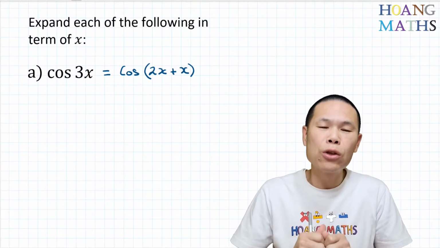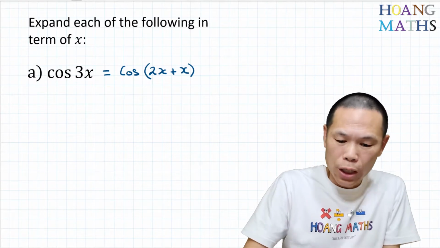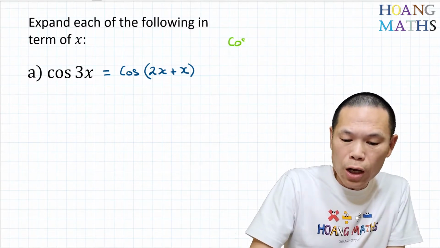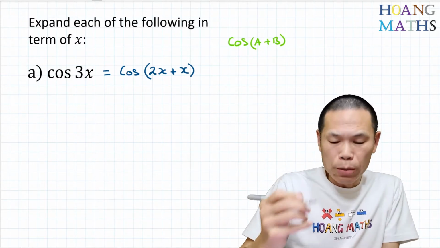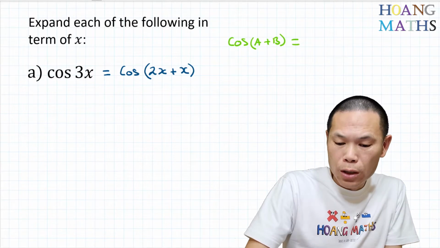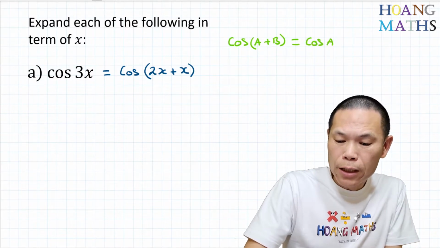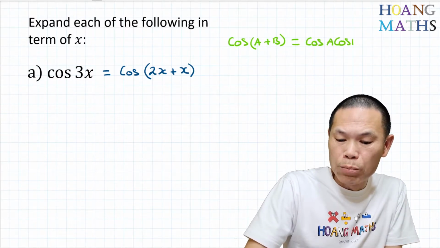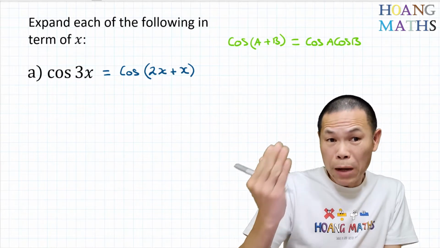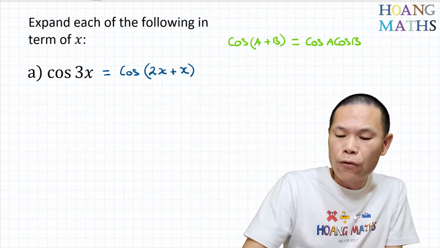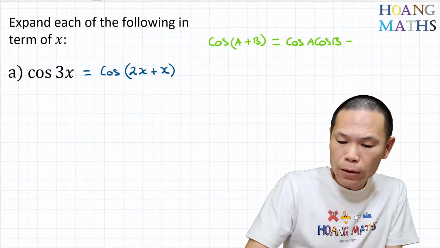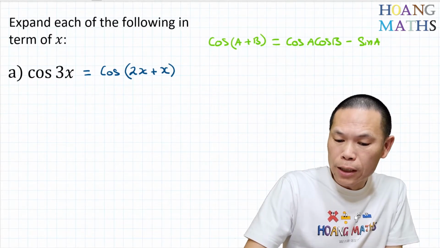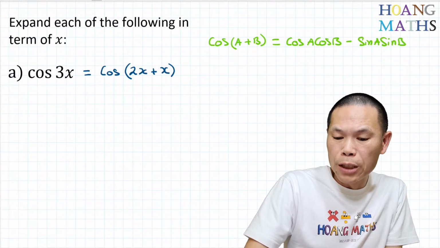So first of all, we need to know the trig identity first. So we know that cos of a plus b is cos of a times cos of b, and because it's a plus b, for cos we do the opposite sign, so minus sine of a times sine of b.